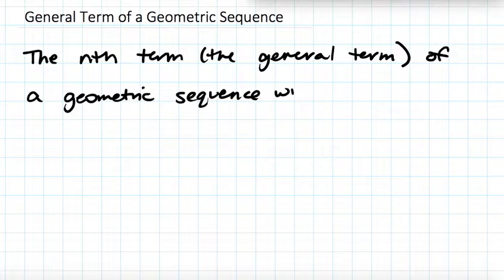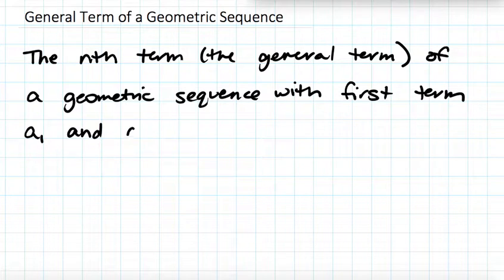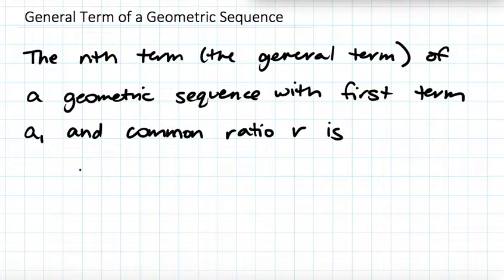With first term A1 and common ratio R, the nth term is A sub n equals A sub 1 times R to the n minus 1 power.